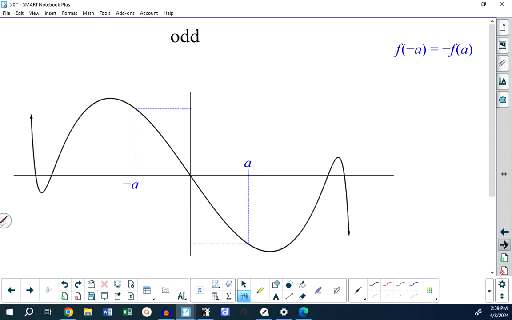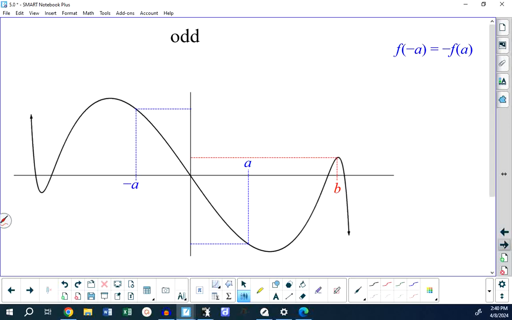It's saying when you put in a value of x and then a negative of that value, you get the same y, but they're opposite. Well, in this case, when you put in that positive value of x, you got a negative number for y. And when you put in the negative, you got a positive. It doesn't always have to be that way. When I put in this positive value of x, I get a positive value of y.